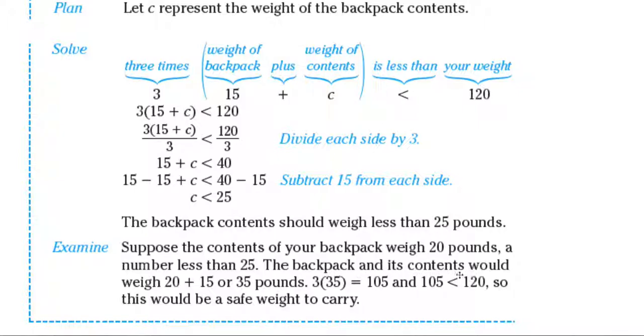The backpack and its contents would weigh 20 plus 15, or 35 pounds. 3 times 35 equals 105, and it's still less than 120, which is your weight. So this would be a safe weight to carry. That is a more reasonable way of finding out if your current backpack is too heavy or not.